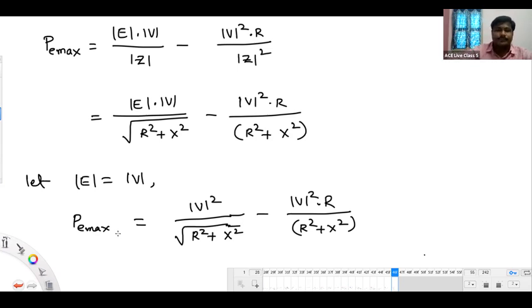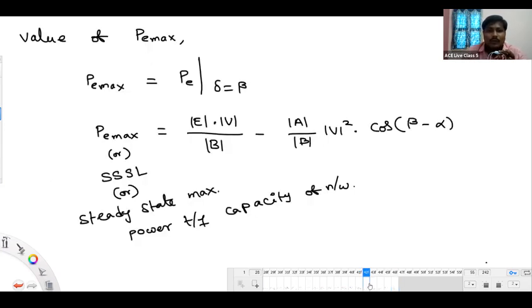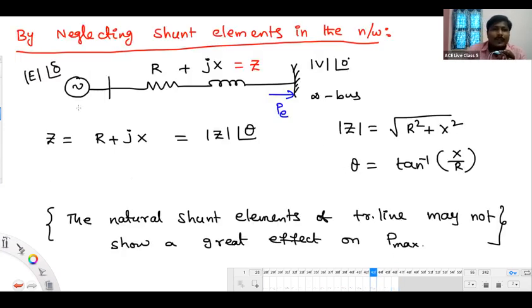Listen here. Till now, what we have done to find out the maximum power transfer is simply we attempted to control the angular difference between the voltage sources, the rotor angular difference delta, right?